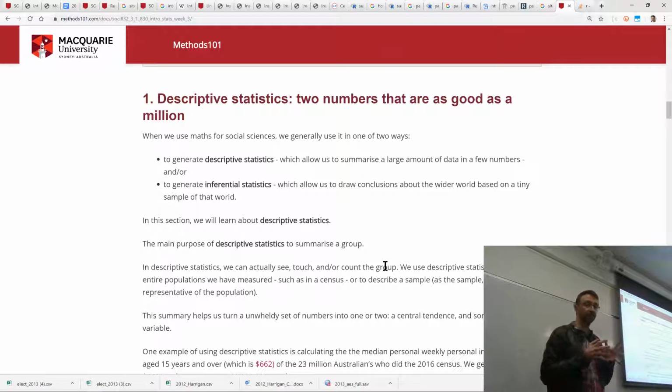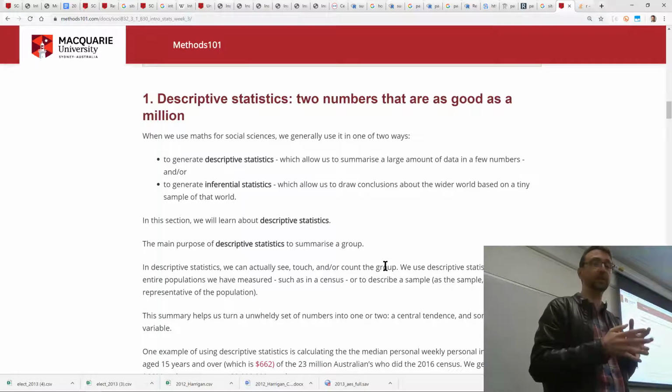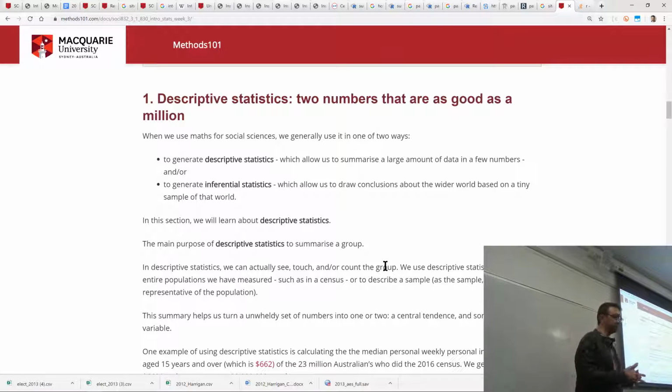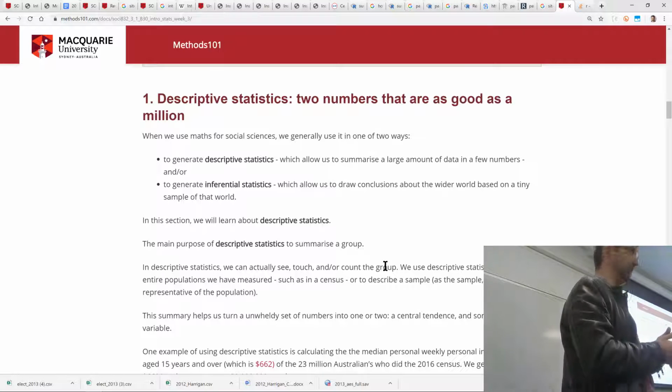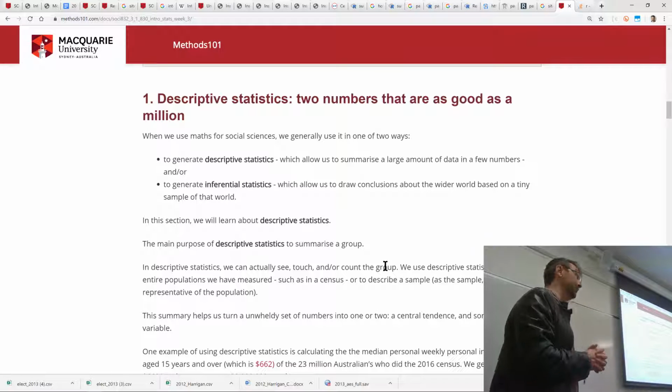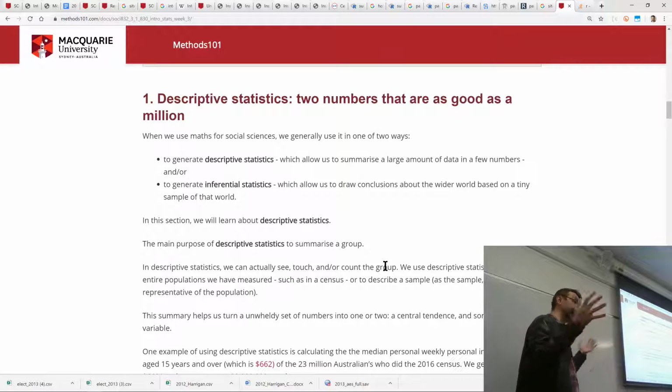is what's the difference between that and inferential statistics? And inferential statistics, the idea is that actually for almost everything, possibly government census data, right? And maybe elections as well, right? Because that's a real, actual census.